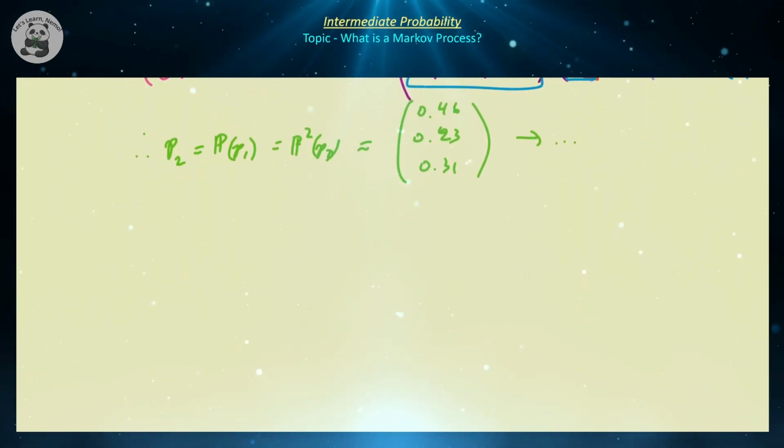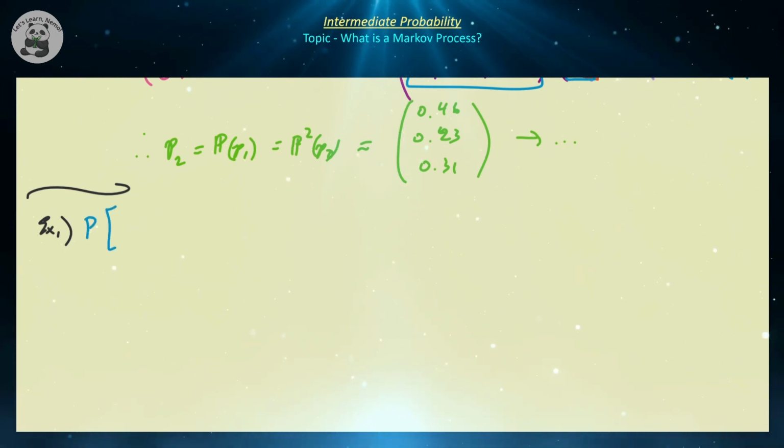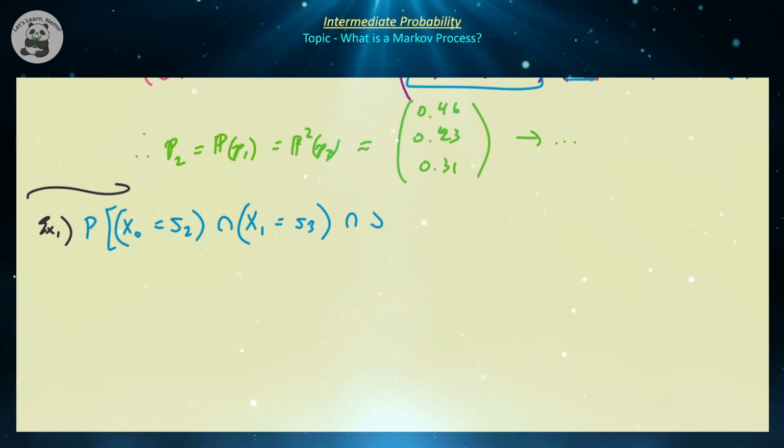So let's see if we can answer a couple numerical questions about this Markov process. So let's see if we can find what is the probability that x0 is equal to S2, and what's the probability that x1 is equal to S3, and what's the probability that x2 is equal to S1.